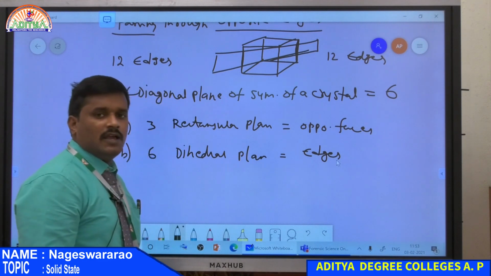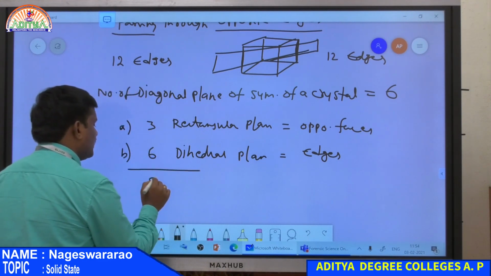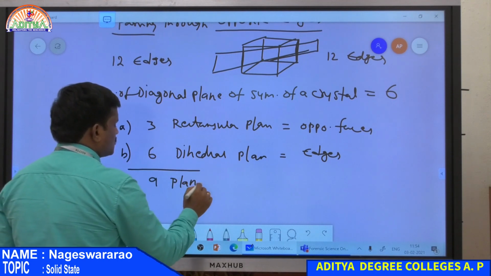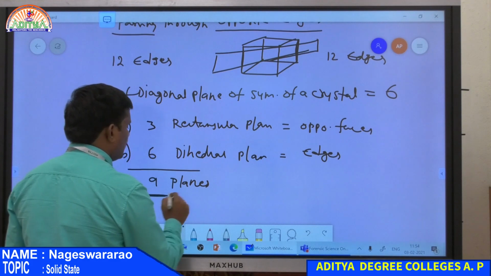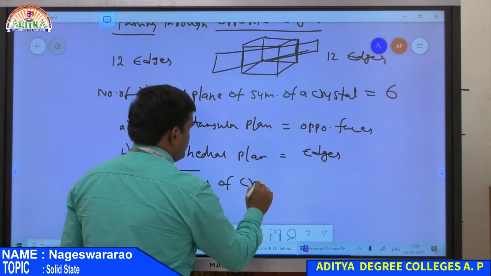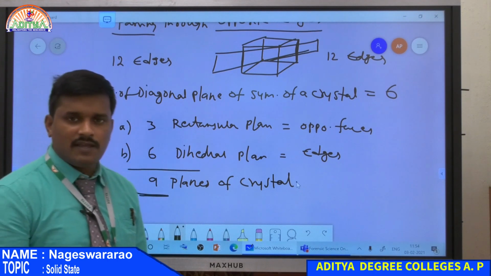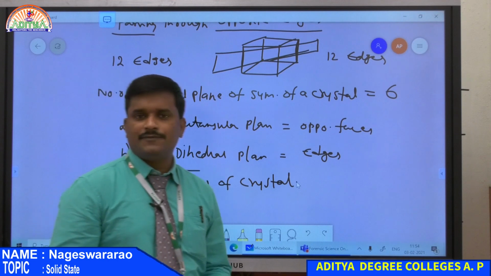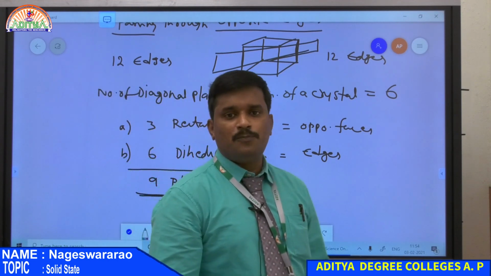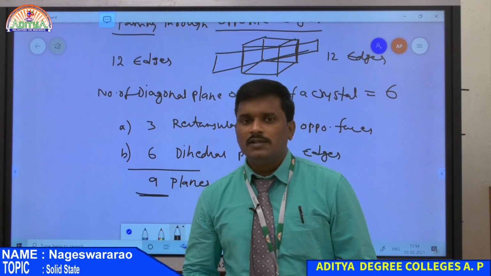Therefore totally each crystal having 3 plus 6, that is 9 planes of symmetry. So the total number of planes for a cubic crystal is equal to 9. So each cubic crystal having 3 rectangular planes and 6 dihedral planes. Therefore the total number of planes of symmetry for a cubic crystal is equal to 3 plus 6, that is equal to 9.